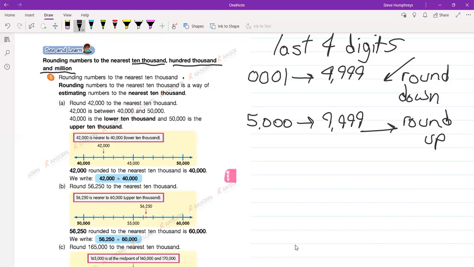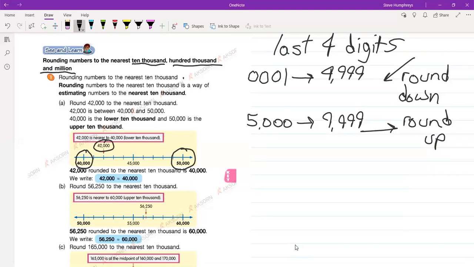You're just using bigger numbers, okay? So the first example they give you, 42,000. That's your lower 10,000 is 40,000, and that's your upper 10,000, 50,000. So the range is 10,000.